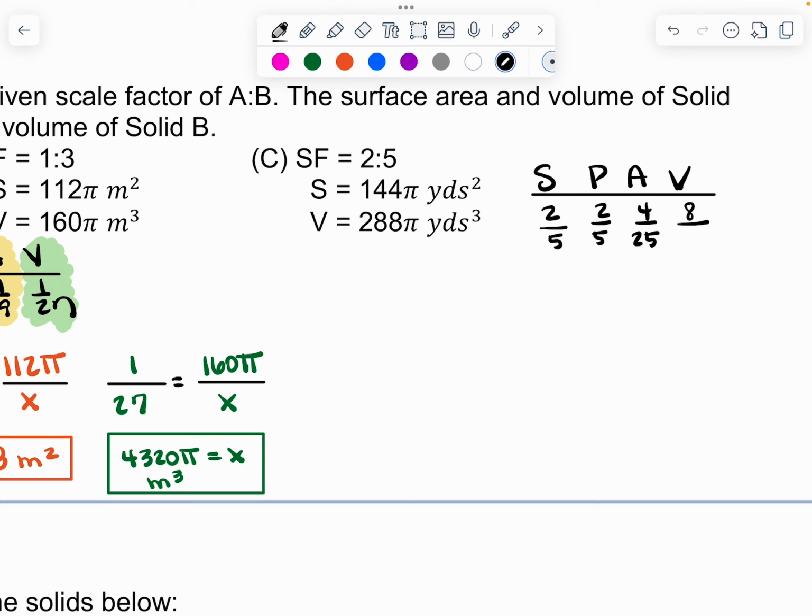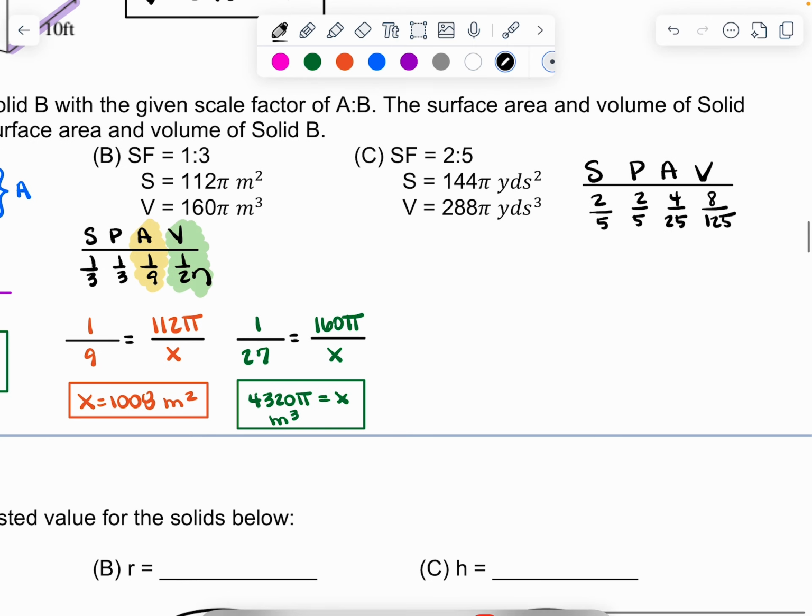So perimeter ratio 2 to 5. We square 2 to 5 to get 4/25, and then we cube 2/5 to get 8/125. And now that we have all that wonderful information, just like we did before, we can set up one proportion for area, one proportion for volume.